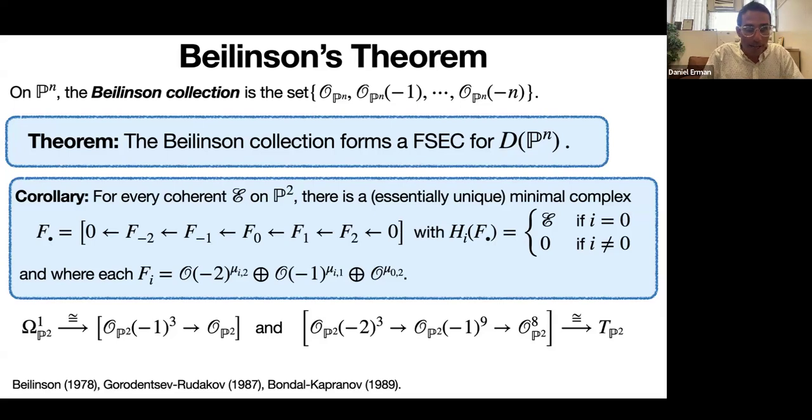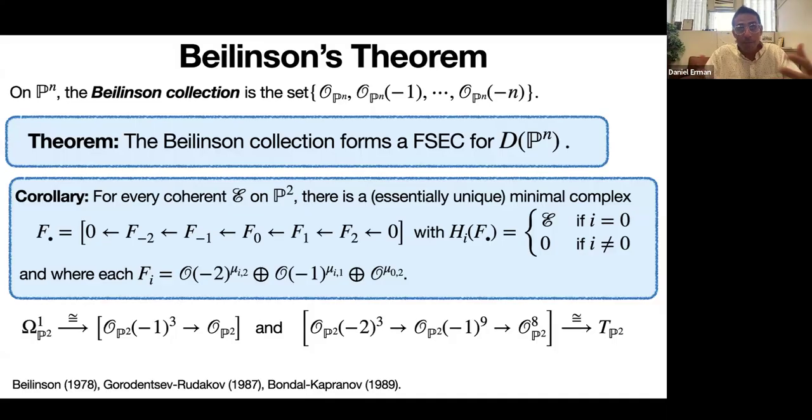I'll mention Beilinson's theorem in a minute, but let me start with the corollary, which indicates why you care about this. When you have a full, strong, exceptional collection, you get a way to represent any sheaf in an essentially unique way. For any coherent sheaf on P2, the Beilinson theorem implies there's a canonical way to represent that sheaf as a short complex, where the terms of the complex are sums of O of minus 1 and O of minus 2.